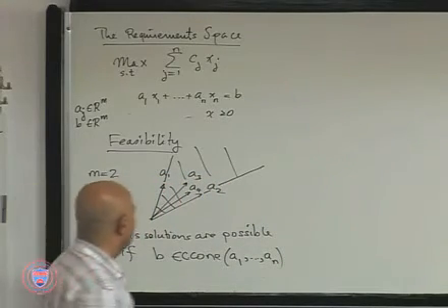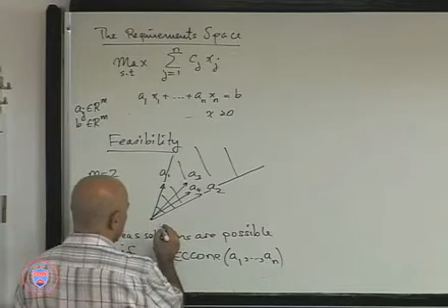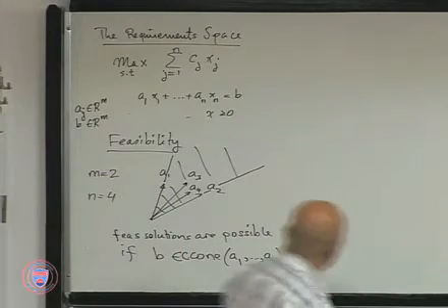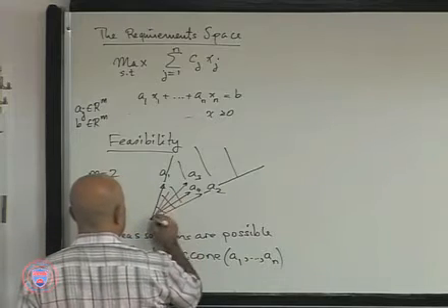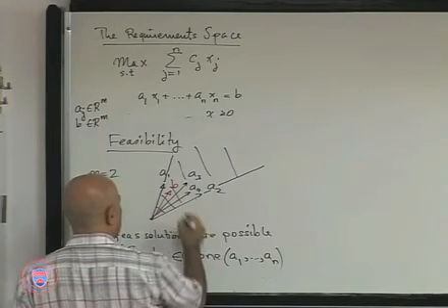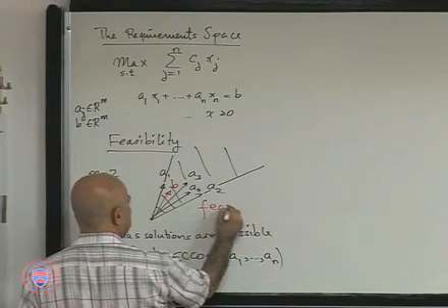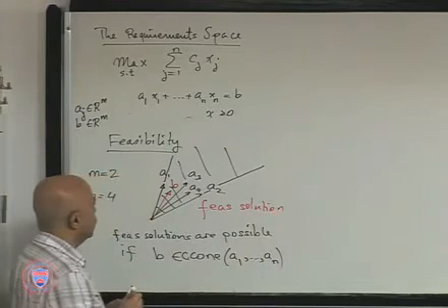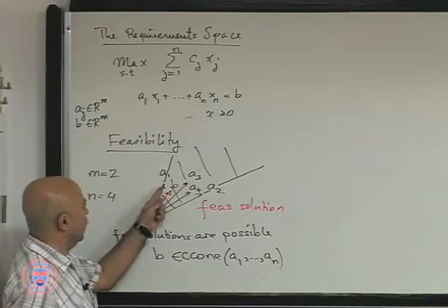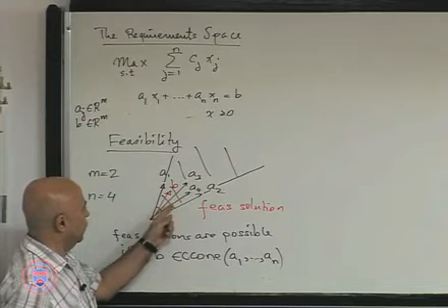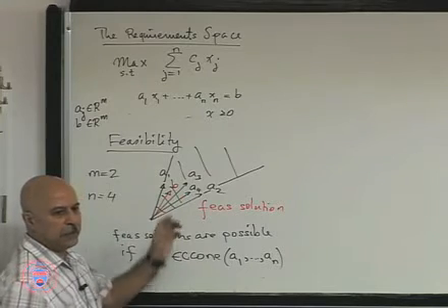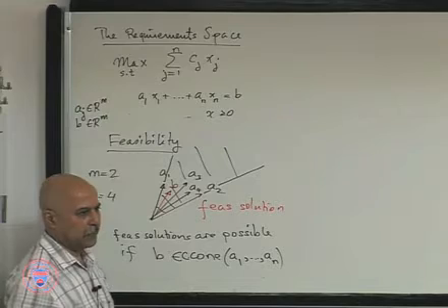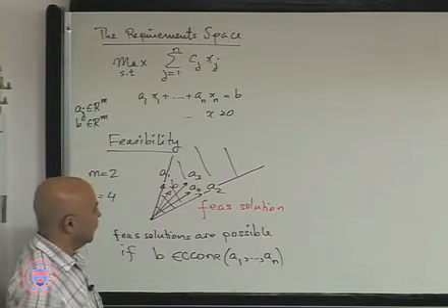All right. So in this case, if, for example, B is this vector, this one has a feasible solution because obviously I can choose non-negative multipliers for A1, A2, A3, A4 so that B is expressed as a sum on the left. Okay?